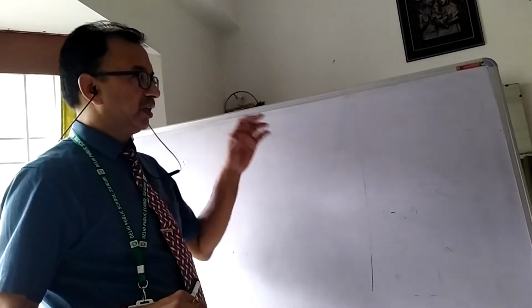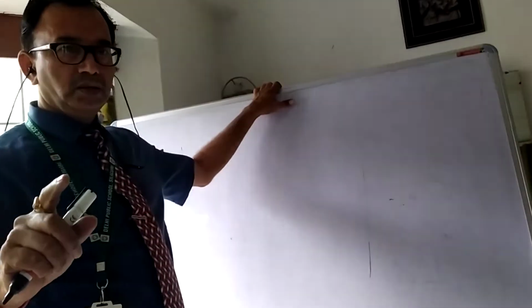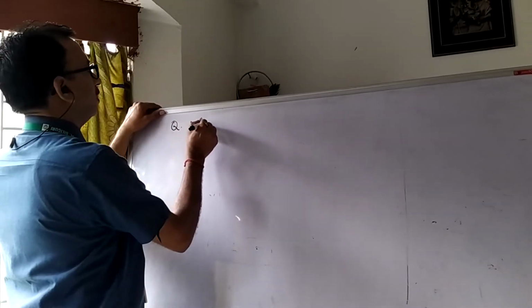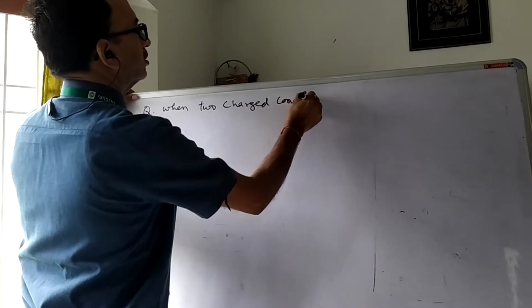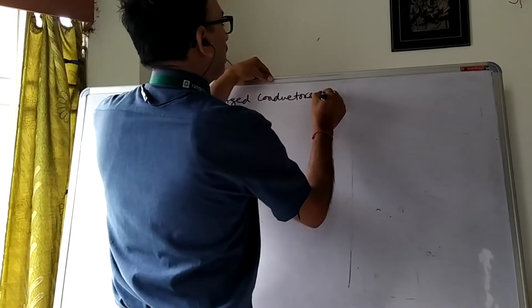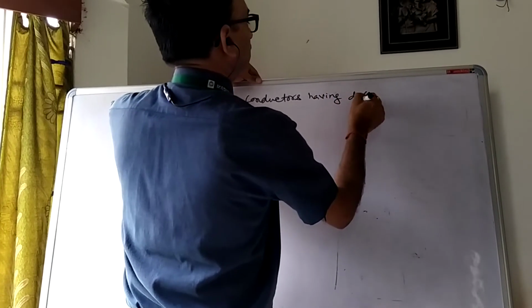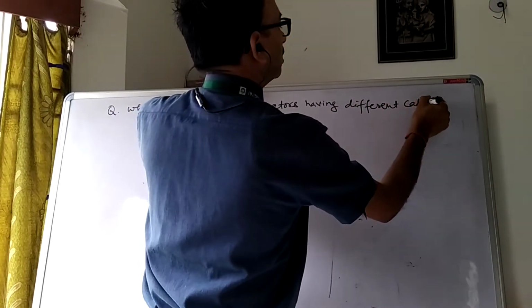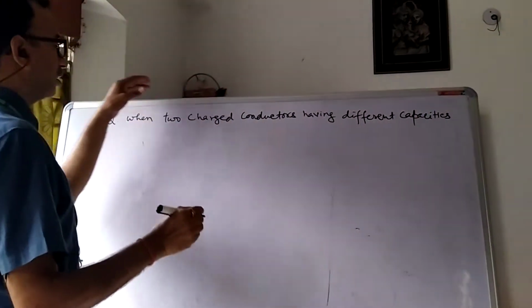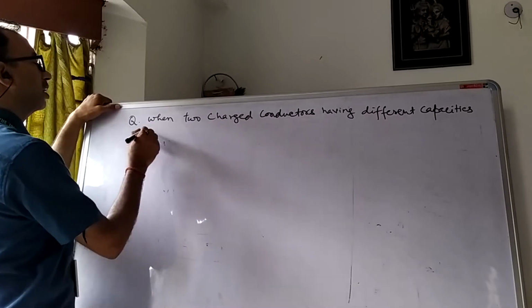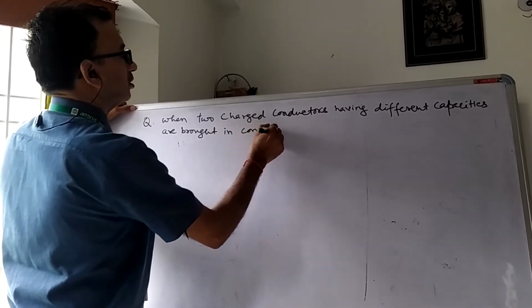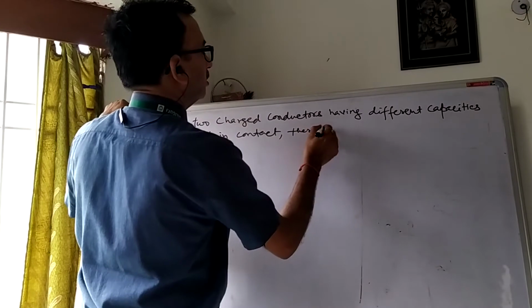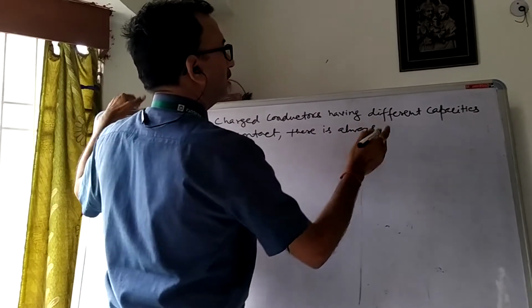There was a question in the board exam that when two charged conductors having different capacitances are brought in contact, there is always a loss of energy.